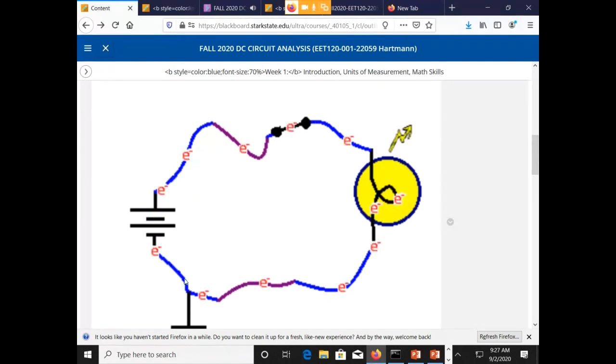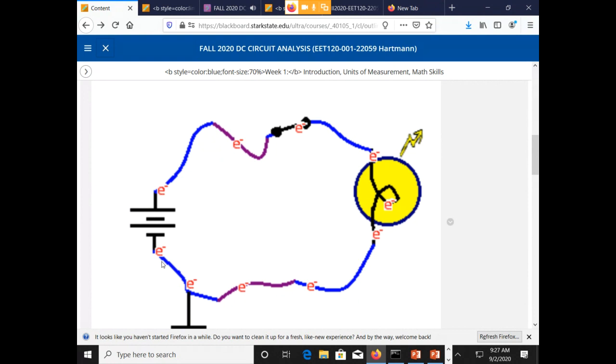But what they're doing is they're pushing the electrons in front of them, and pushing the electrons in front of them, and pushing the electrons in front of them. So when you get 6,000 electrons coming out of the bottom of this battery, you also have 6,000 electrons being pushed into the top of the battery. Okay?